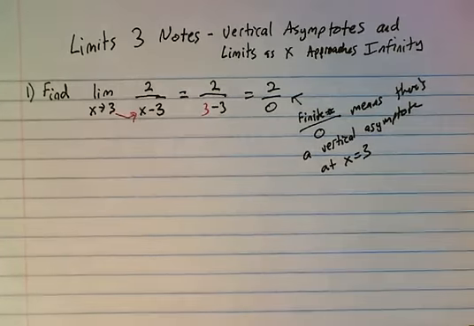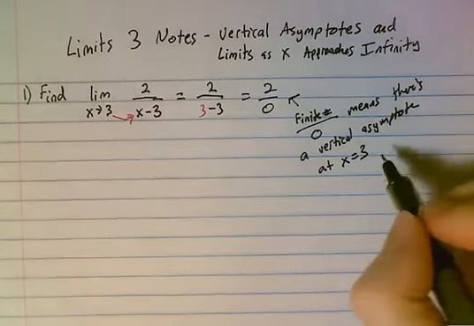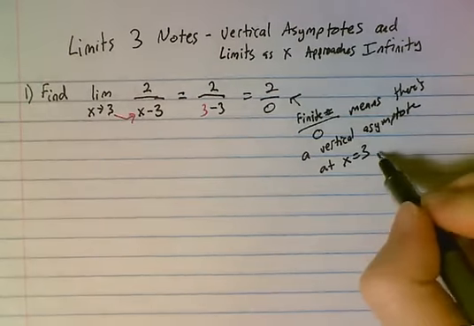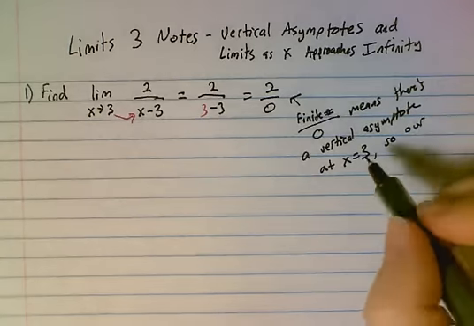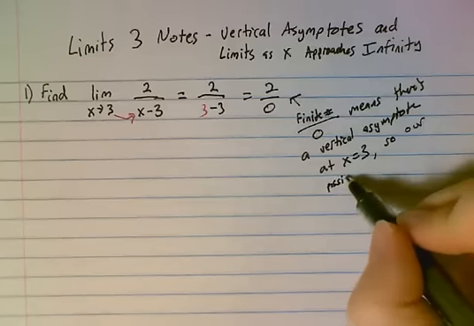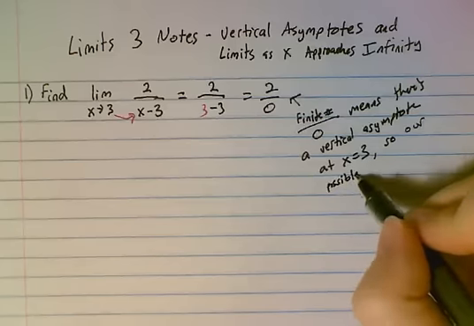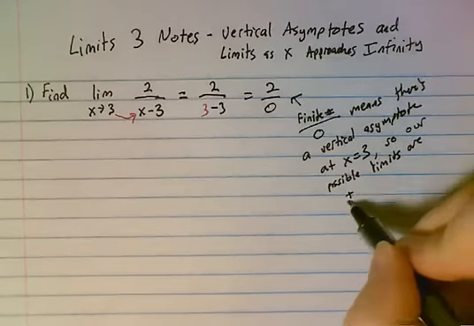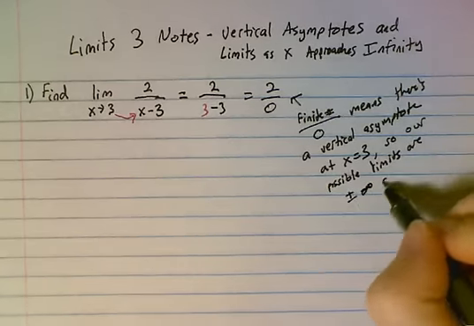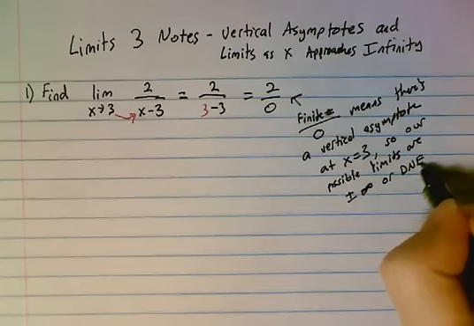Look back at Limits 2 notes if you're confused about why that's the case. So our possible limits are plus or minus infinity or does not exist.